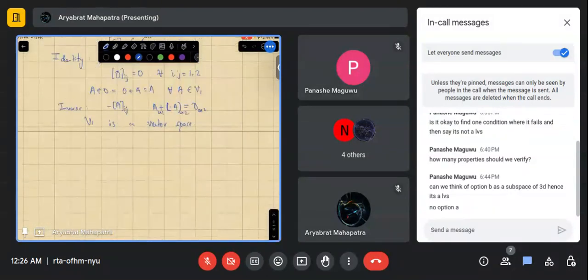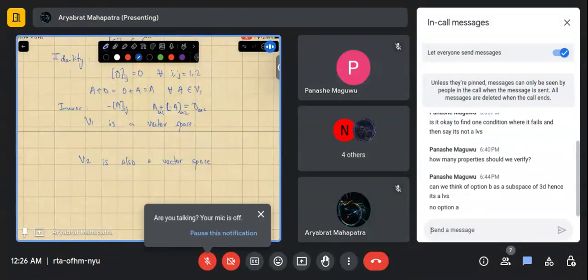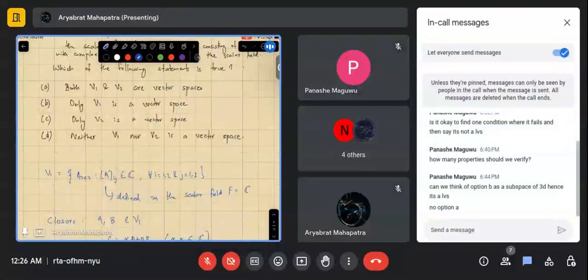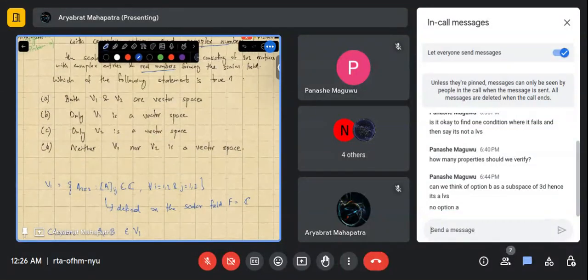So V2 is also a vector space. It's better if you check the same process again for V2. So this is clear.